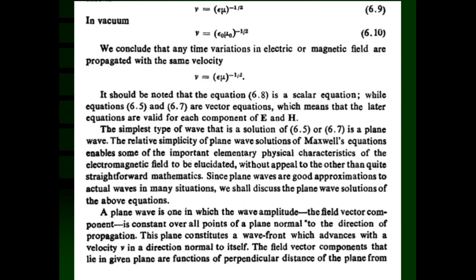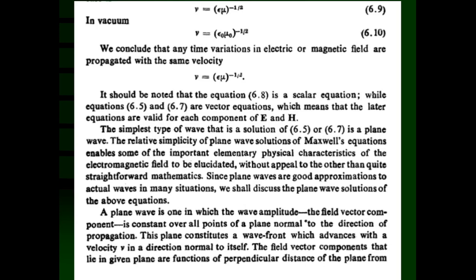That means it is not changing, it is constant at every point on that plane. But it is a function of the distance from the source and time. So this is the concept of the plane wave, which is considered to understand the various concepts of electromagnetic theory.